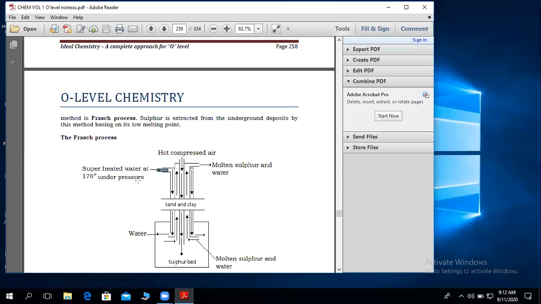Why is everything we are adding hot? Sulfur is naturally a solid, so we want to melt it. We are saying we use this method based on the low melting point.